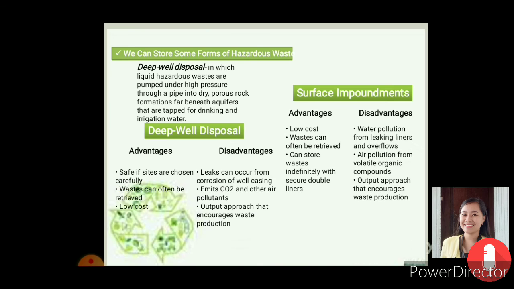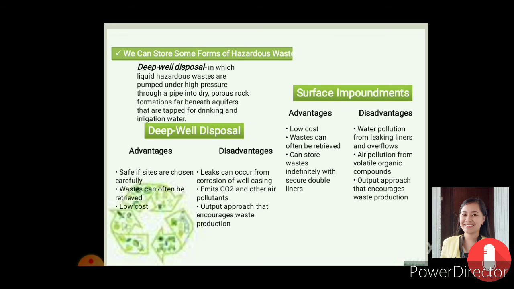Let's begin with the deep well disposal advantages. It is safe if sites are chosen carefully, waste can often be retrieved, and it is low cost. The disadvantages are the following: leaks can occur from corrosion of the well casing, it emits CO2 and other air pollutants, and it is an output approach that encourages waste production.